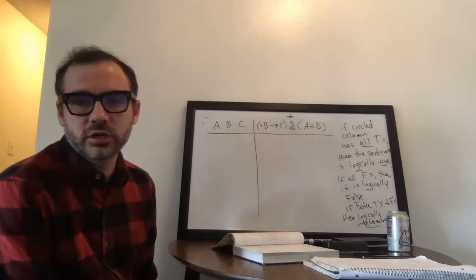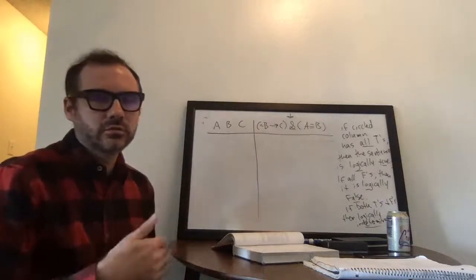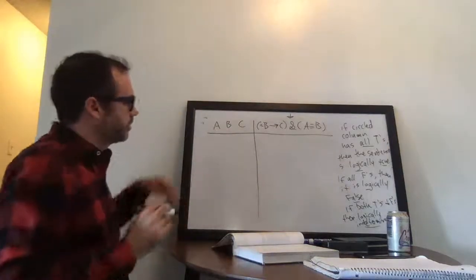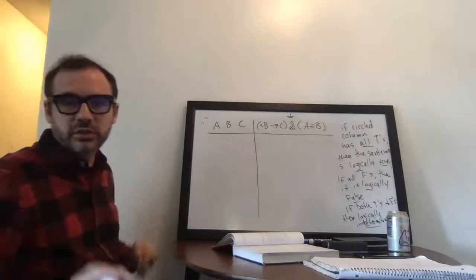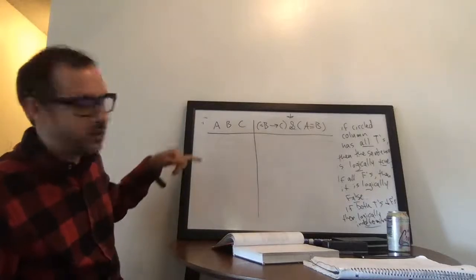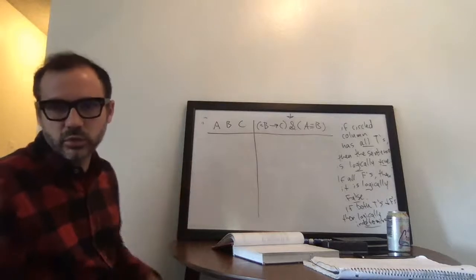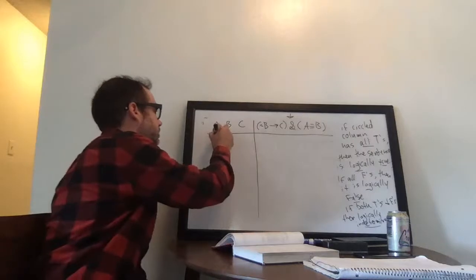We need a total of, how many rows it is again? The number 8, yes, because there are 3 sentence letters, and 2 to the power of 3 is 8. So underneath A, what is the display going to appear as? You can just put it as a sequence of T's and F's in the chat. The downward vertical display underneath A should appear and read as what string of letters? 4 T's and 4 F's.